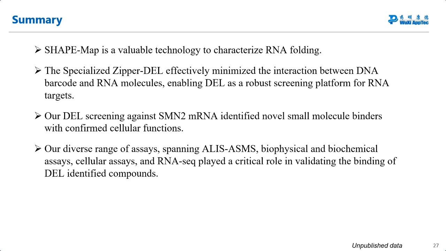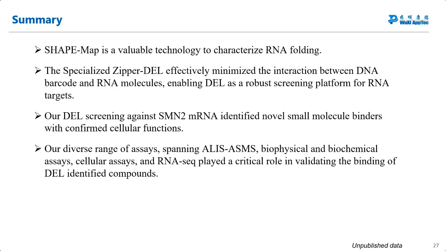Our specialized zipper DAL has been proven to effectively block RNA-DNA interactions, which enables RNA screening using this technology, which can cost-effectively and quickly generate a lot of binding information.